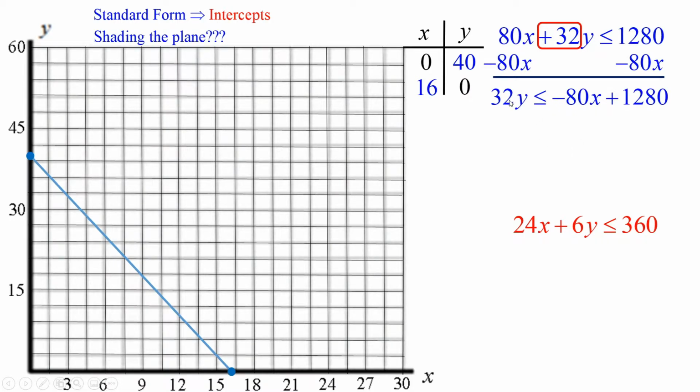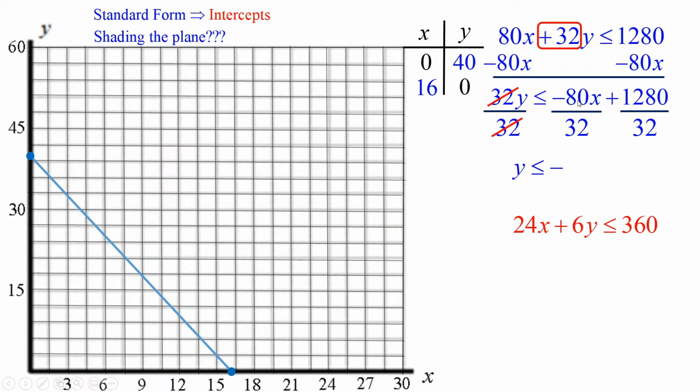Now to solve for y, we have to undo this multiplication by 32. So let's divide both sides by 32, and that's dividing every term by 32. 32 is positive, so my inequality will stay less than or equal to. And now on the left, my factors of 32 cancel, leaving my y. And on the right, I have a negative over a positive, which is negative.